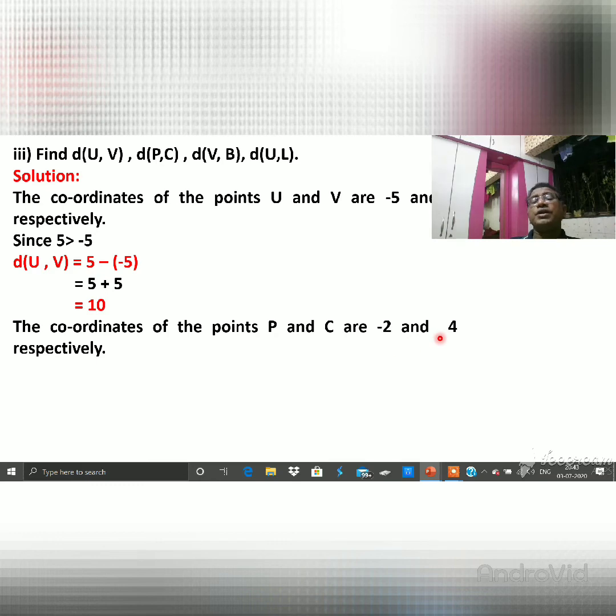So 4 is greater than -2. Bigger number minus the smaller number. So the distance P comma C is equal to 4 minus in bracket minus. Out of bracket, the negative sign: -2 becomes +2. So 4 plus 2 is equal to 6. So the distance PC is 6.